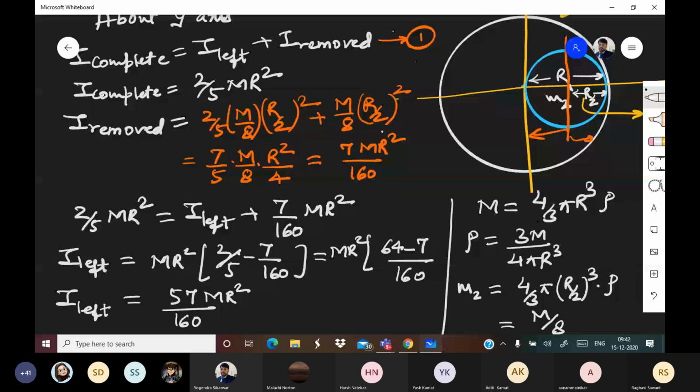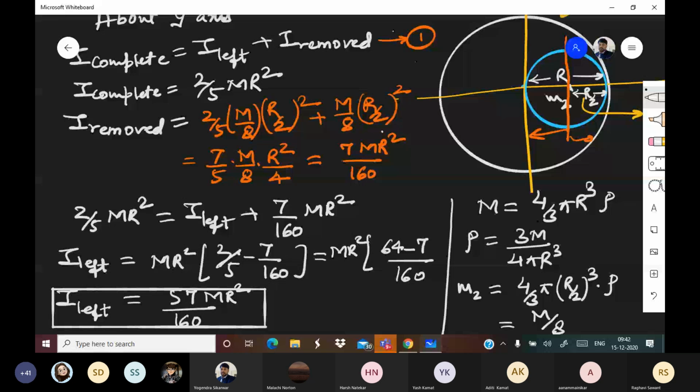Lazy people. Check whether I have made some mistake or not, Sakshi. The rest of the people also please check whether I have made some mistake or not. I took m instead of m by 8. Be careful.